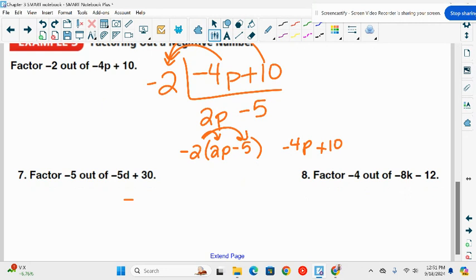Alright, so what am I factoring out of this one? Negative 5.